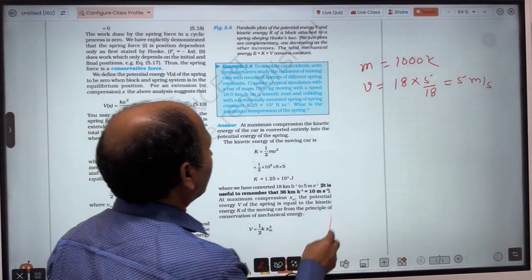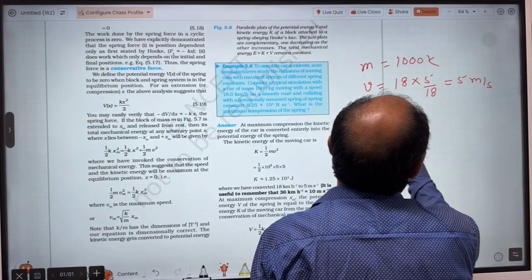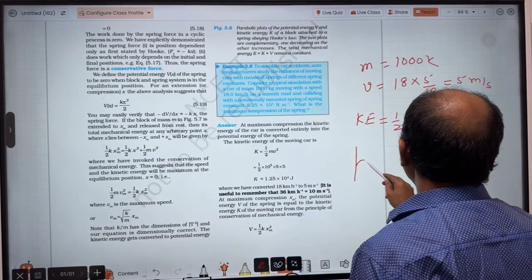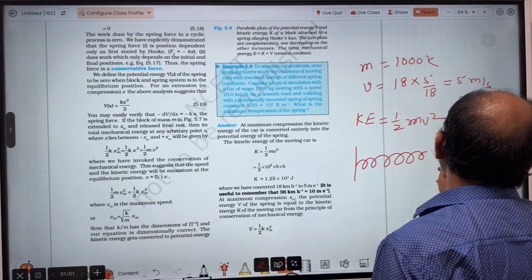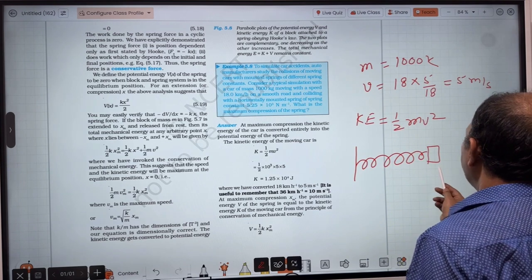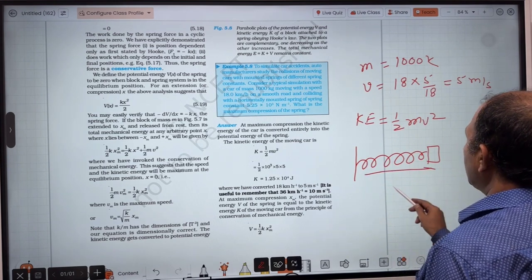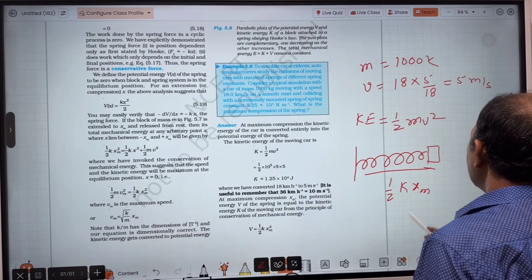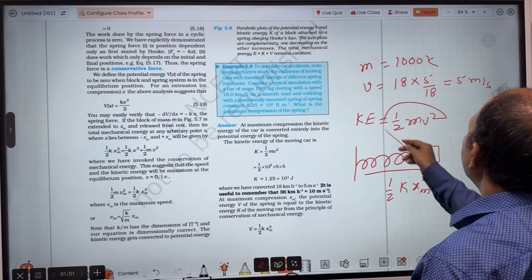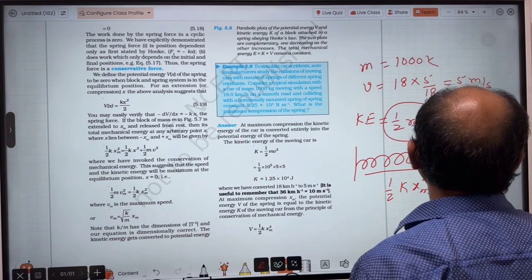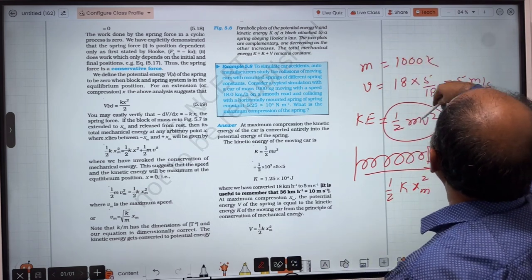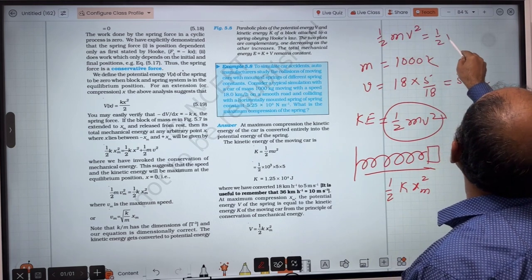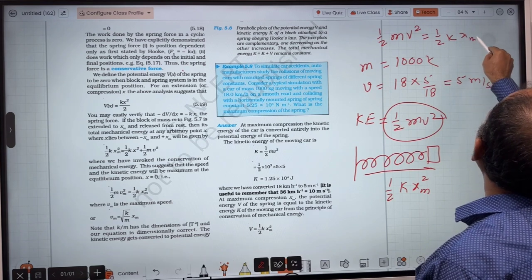Kinetic energy equals half mv square. Since there is a spring here, the maximum compression means the total energy stored in the spring, that is half k x maximum square, must be equal to the kinetic energy. So we can write 1 by 2 mv square must be equal to 1 by 2 k xm square.